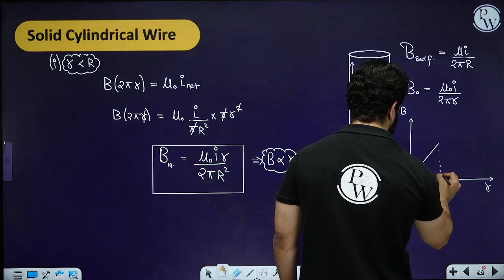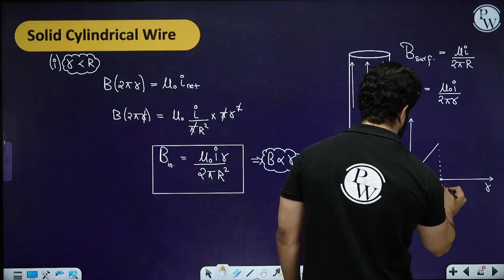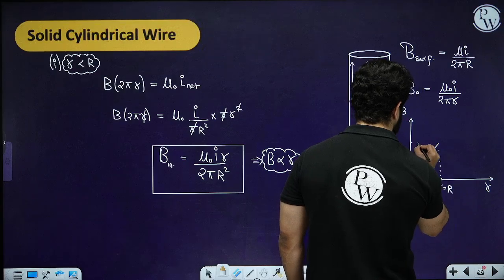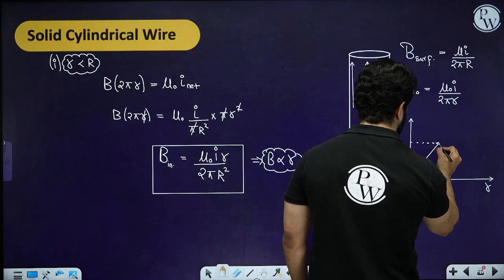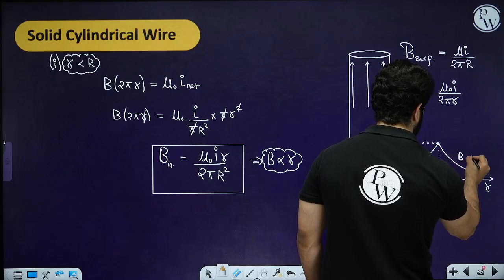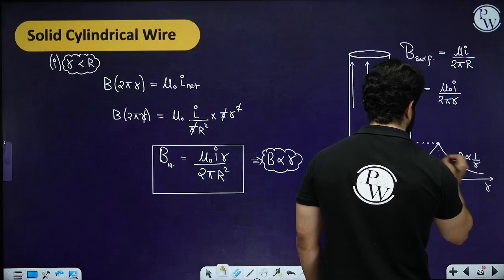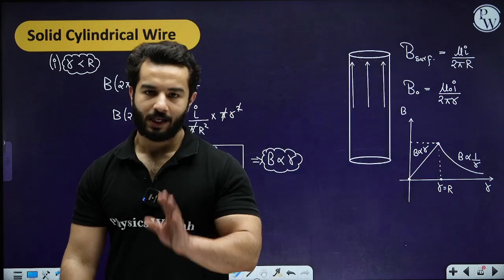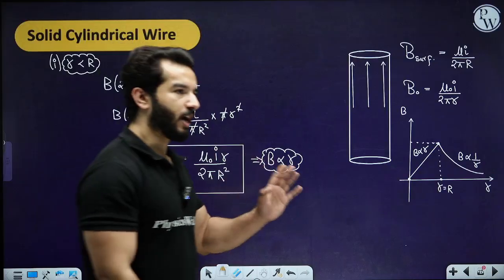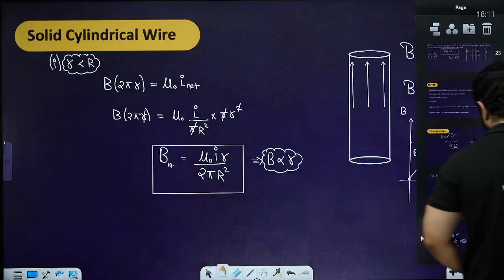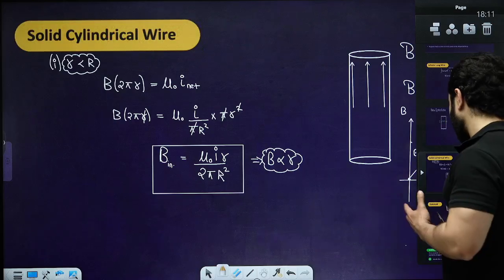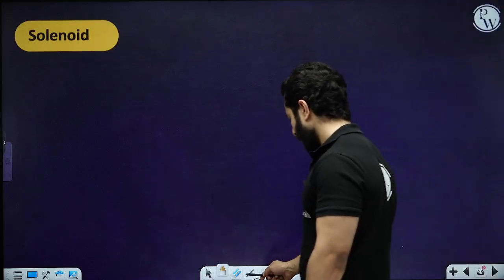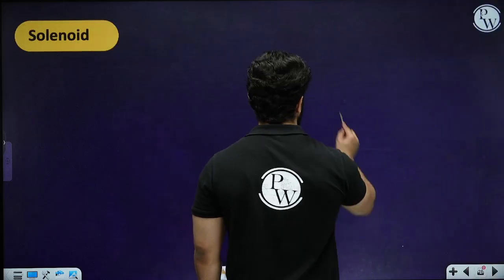At small r equals capital R, magnetic field will be maximum, and after this point it will decrease. So this is 1 upon r, and this is directly proportional to r, right? So please remember all the graphs as well, though you don't have to remember them if you understand these things.